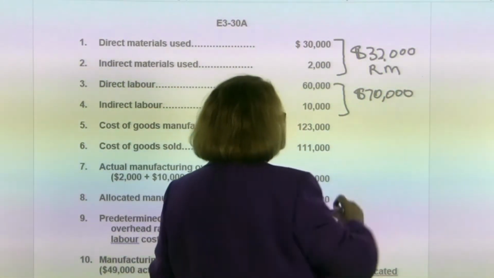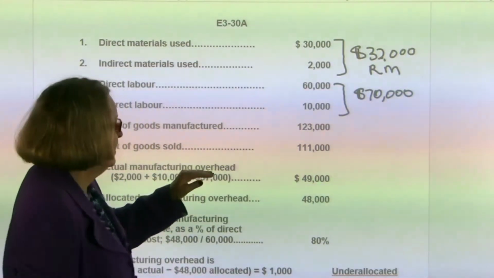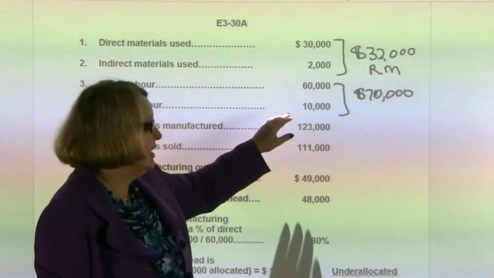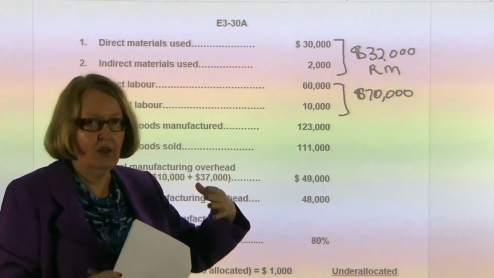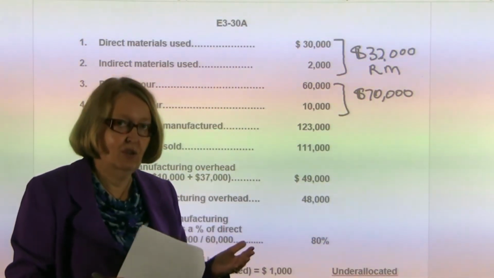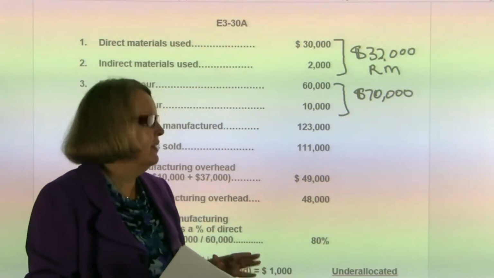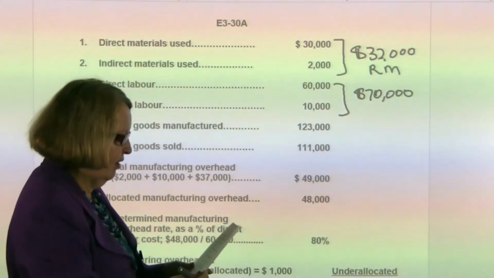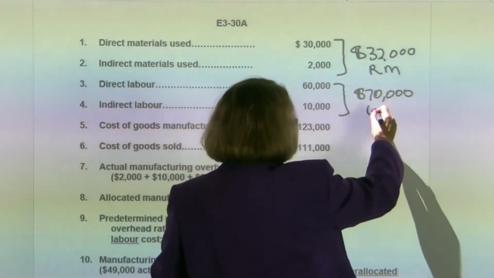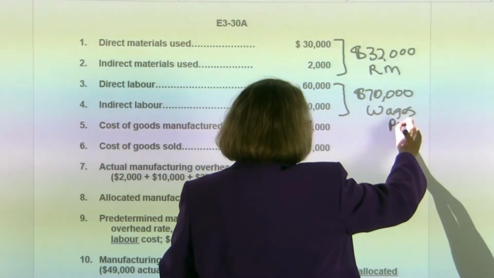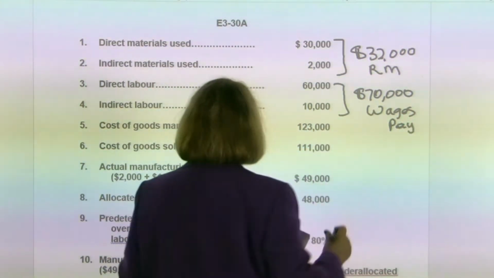What that's comprised of is 60,000 direct labor and 10,000 indirect labor. Recall that indirect labor could be your supervisor, your janitor, your security folks, those types of expenses. So it's your $70,000, and that's from your wages payable. That's where that comes from, okay?